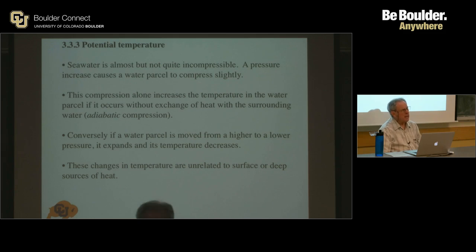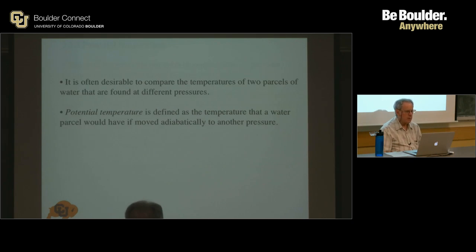So that means that if you measure temperature down there, the temperature really doesn't represent the heat down there because it's got this pressure effect. So you have to take the pressure effect off, and that's potential temperature.